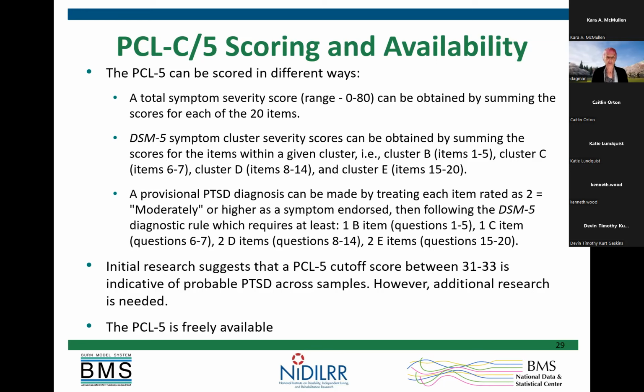You can look at symptom clusters, or you can make a provisional diagnosis of PTSD or not. PTSD can only be diagnosed by a clinician, so this is a preliminary indicator. If somebody is at risk for PTSD, they probably need to be seen by a clinician and evaluated.